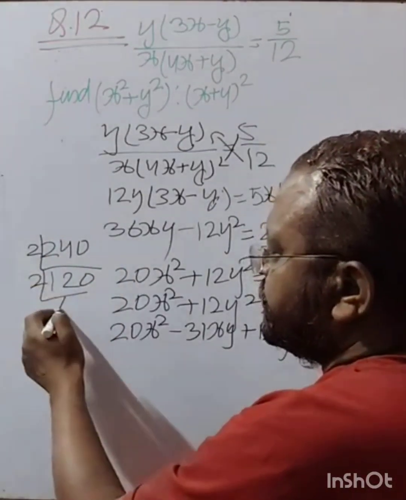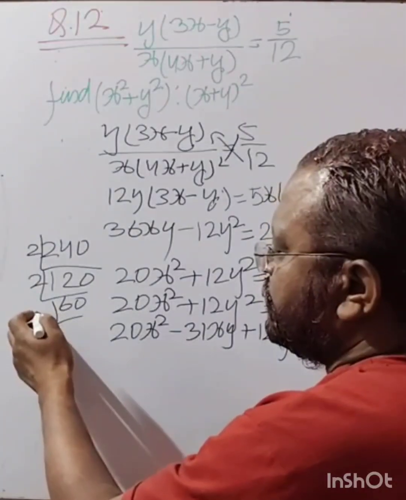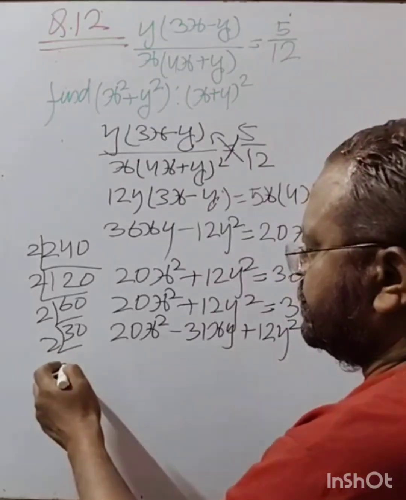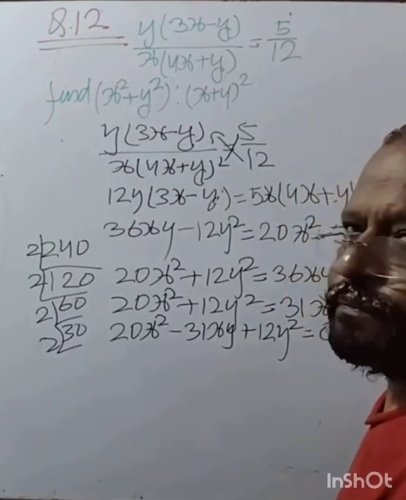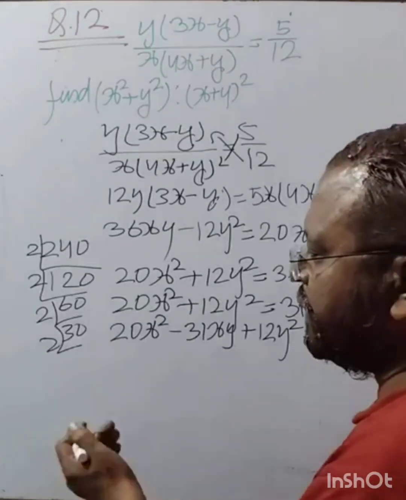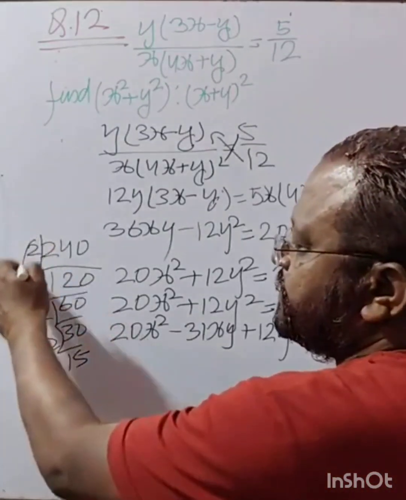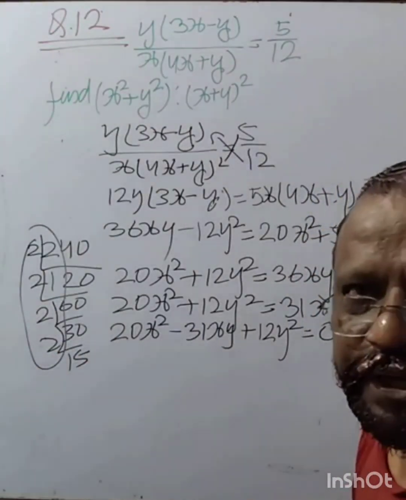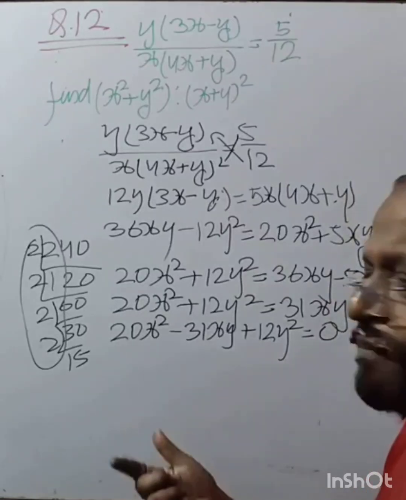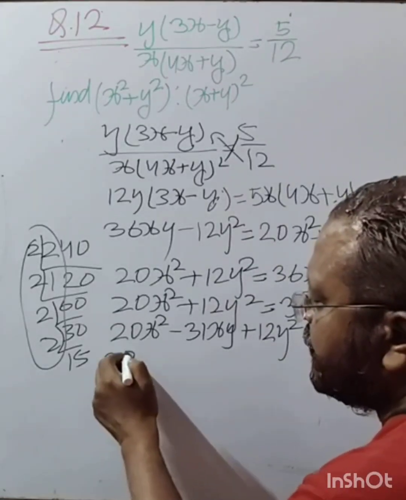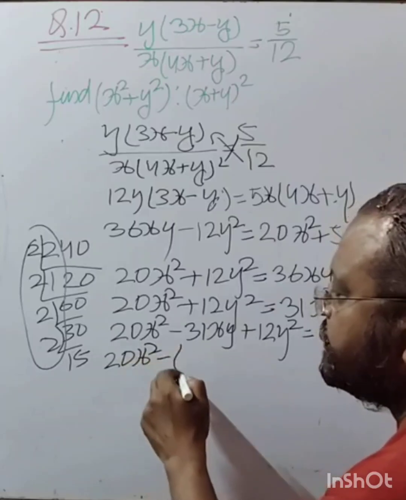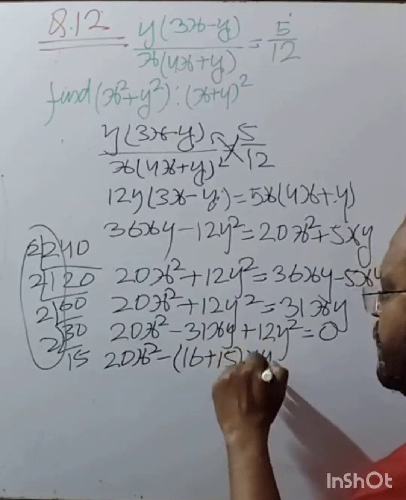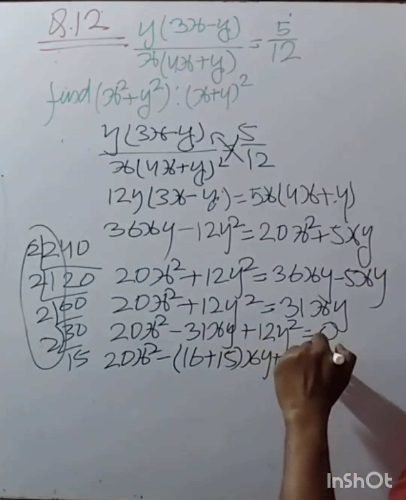With 2, you get 60. Again you get 2, you get 30. Again you get 2. You get how much? It's 15. This is 16. 16 into 15 becomes 240. And 16 plus 15 becomes, so it is 20x square minus bracket 16 plus 15 xy plus 12y square is equal to 0.